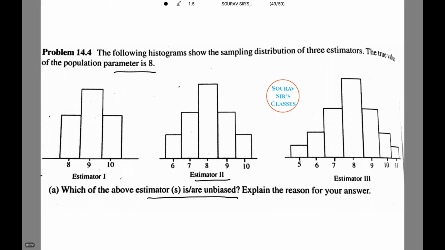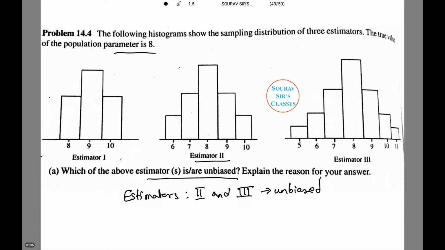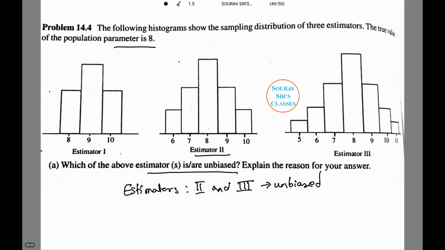Estimators 2 and 3 are unbiased. The reason being, since the distributions are centered around the actual value.